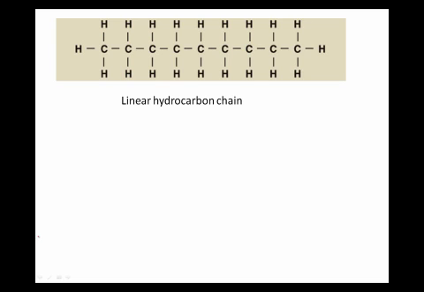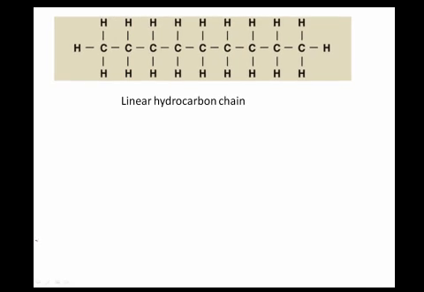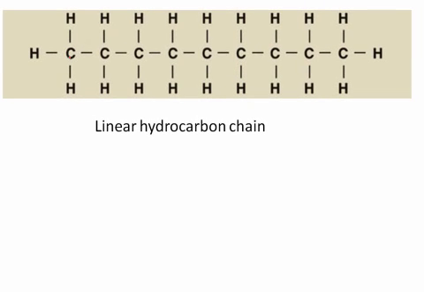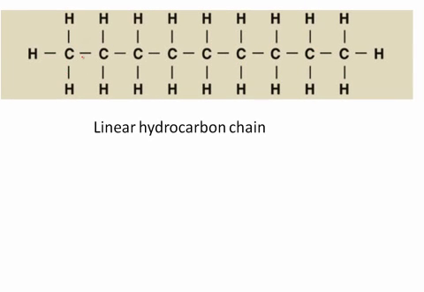What we see quite often is carbon forms a linear chain. So you see the diagram here where we have a whole chain of carbon. These are bonded to one another, and then also we have hydrogen atoms that are bonded to carbon. This would be an example of a linear hydrocarbon chain.